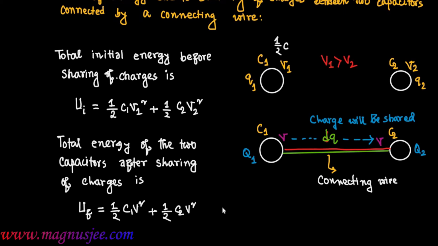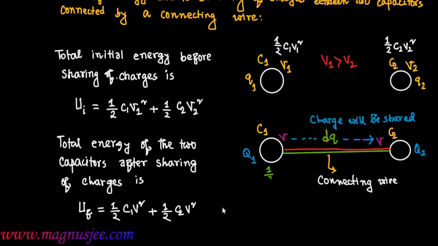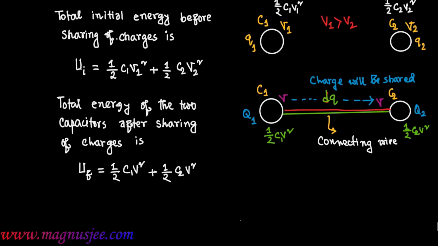Initial energy of C1 was half C1 V1 square, and initial energy of the capacitor C2 was half C2 V2 square, and final energy of the capacitor C1 becomes half C1 V square, and final energy of the capacitor C2 becomes half C2 V square.